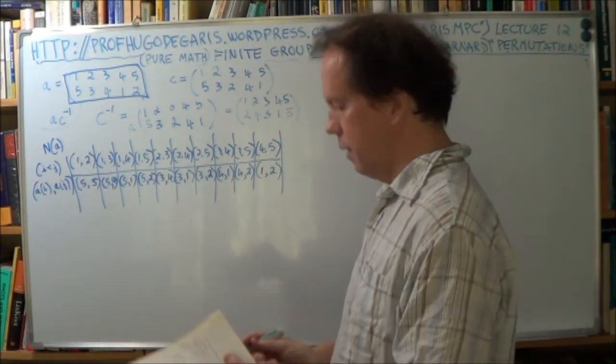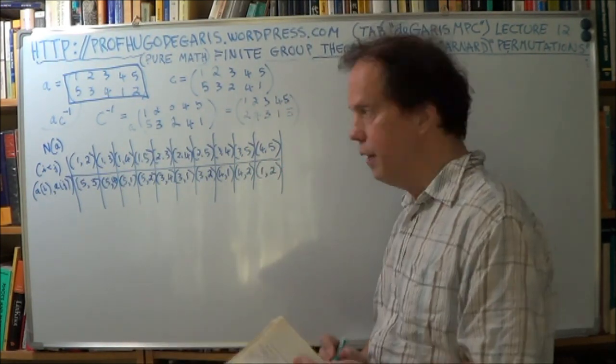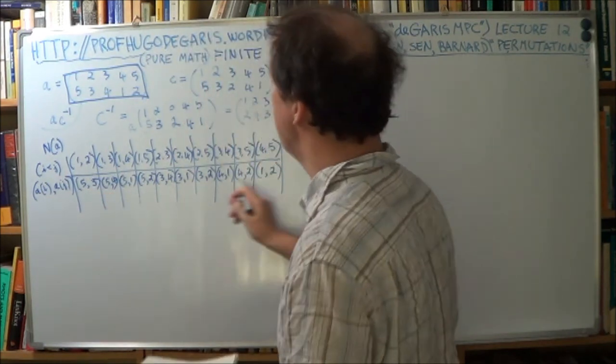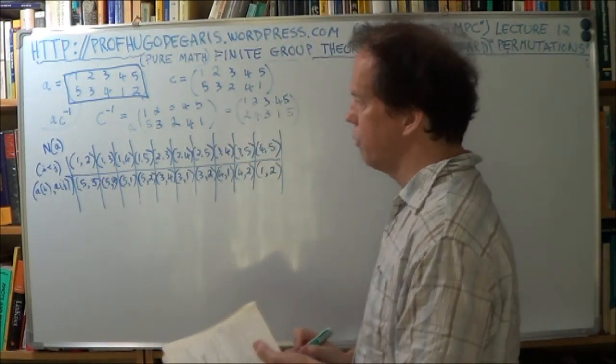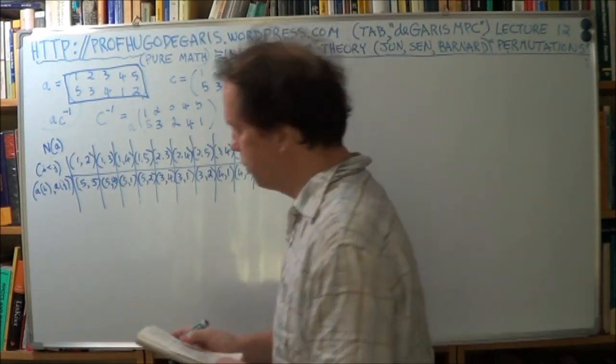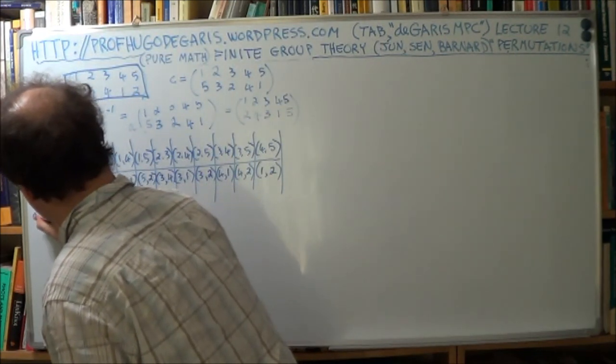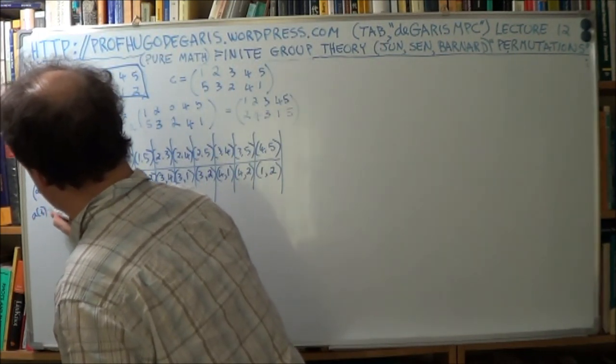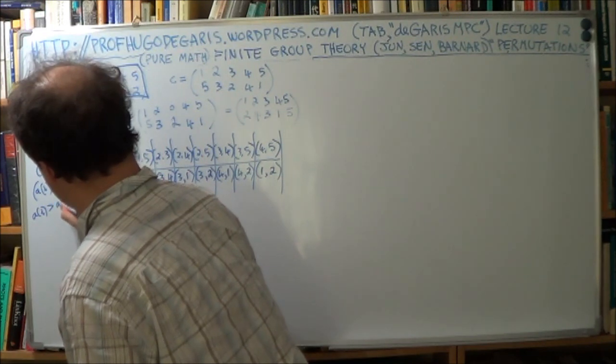Okay, now a reversed pair. Now of these 10, how many reversed pairs do we have? What do you mean by a reversed pair? That means that A of i is greater than A of j.